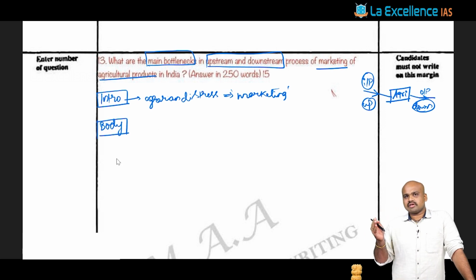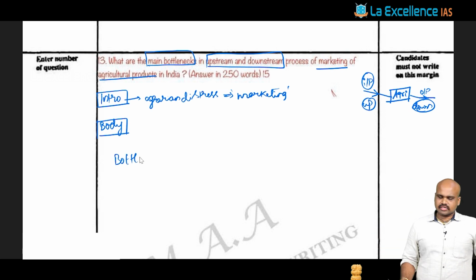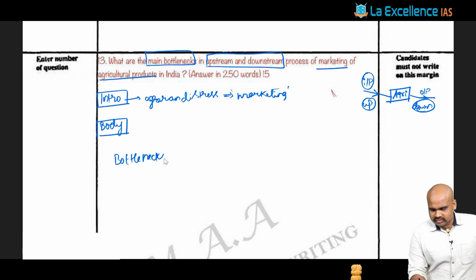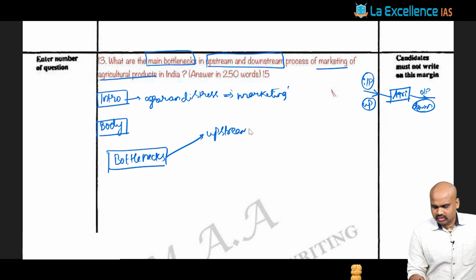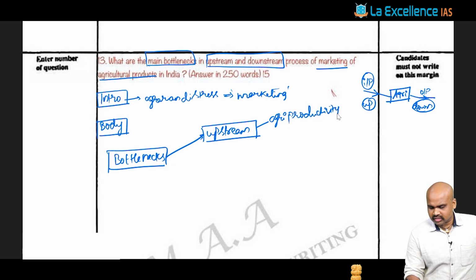It is all fragmented and driven by a number of challenges. The second aspect is the body. When you look at the bottlenecks, one major aspect is upstream.